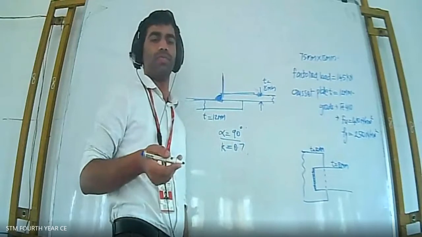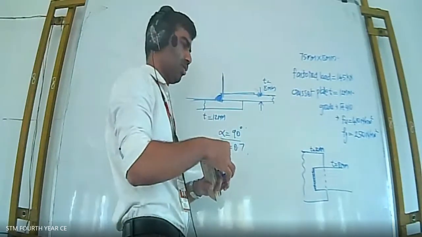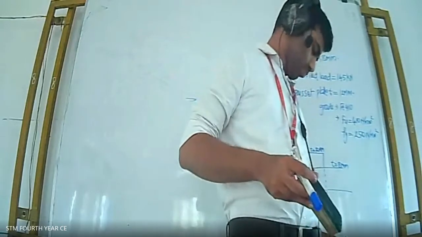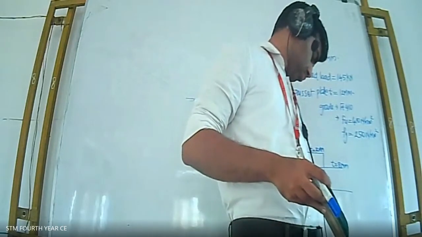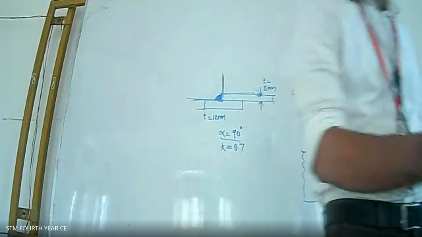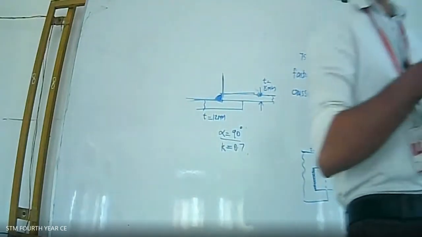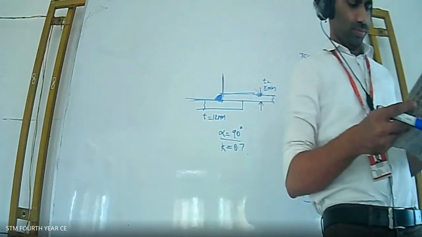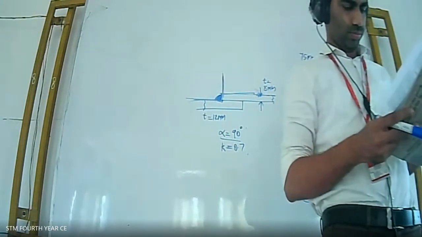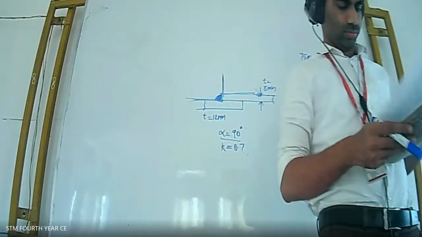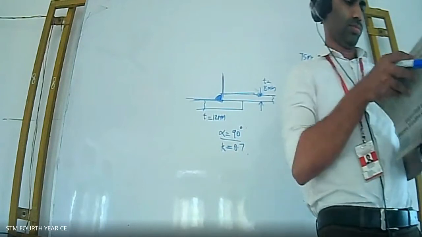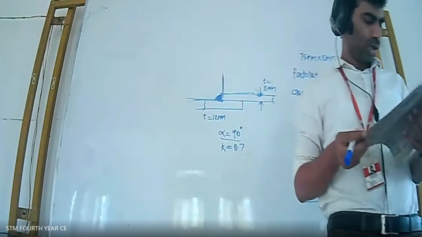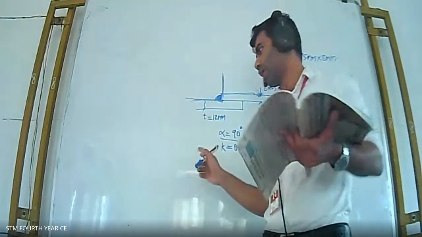from the table. From Tables 21 and 22, you will see different K values for corresponding alpha.